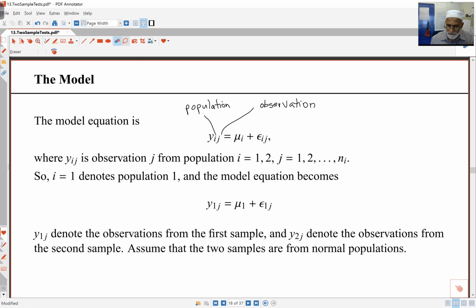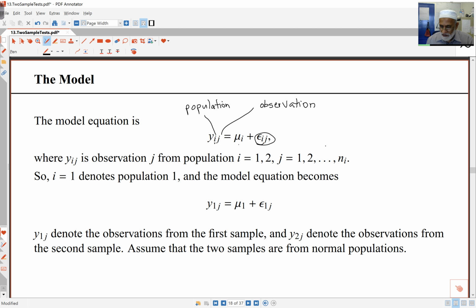If you do more statistics at secondary or higher, you'll find these kinds of equations are very useful indeed. And of course, this is my random error term. In other words, I'm saying the mean for y in the ith group is mu_i. So the first group has mean mu1, the second group has mean mu2, and there's some random variation around it.